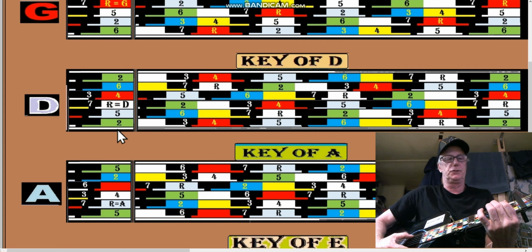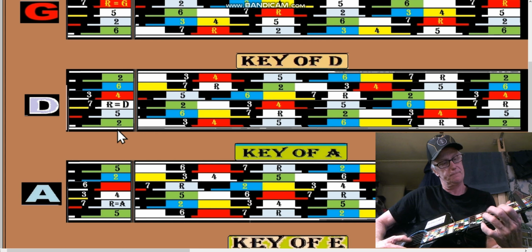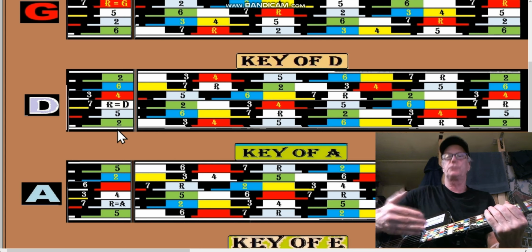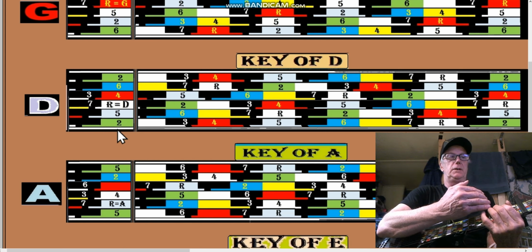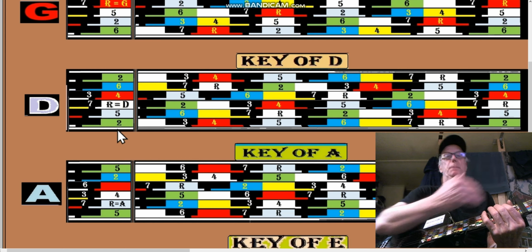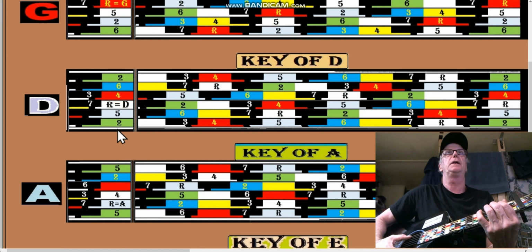Try not to just do the pattern and then go crazy with the 5, 6, 5, 6, 7. Try at first to just mentally identify with the number of the scale that you're playing. 2, 3, 4, 5, 6. Now we know that 7 is up there. We're not going to get it.